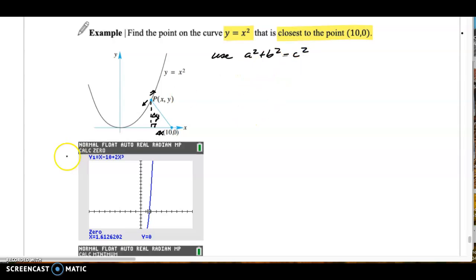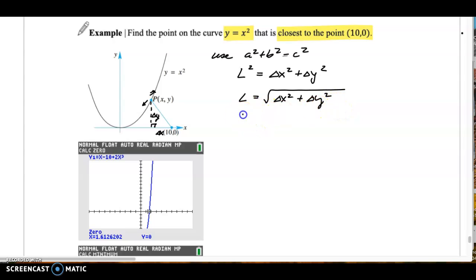Squared, right? So let's just put that in. I'm going to call it length, which is my L squared. So that's my hypotenuse, and it's going to be just my delta x squared plus delta y squared. This will then be L is equal to the square root of delta x squared plus delta y squared.